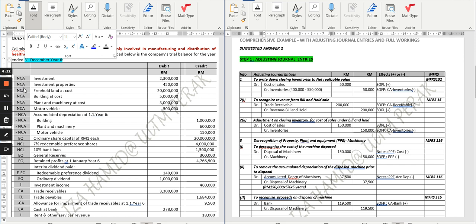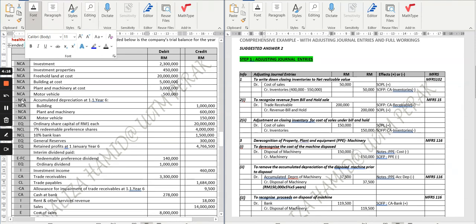So investment and investment property are under different MFRS. And then you have the negative asset account, which is the contra asset account, the accumulated depreciation of building, plant and machinery, and motor vehicle that will later be deducted against the cost or the valuation figure of the non-current asset.